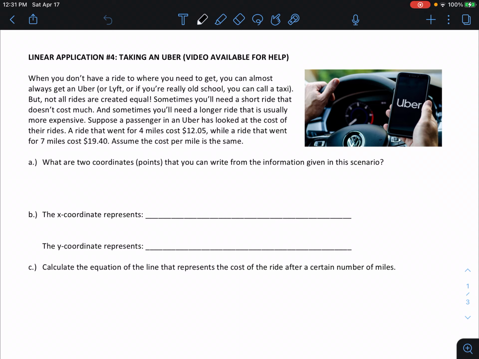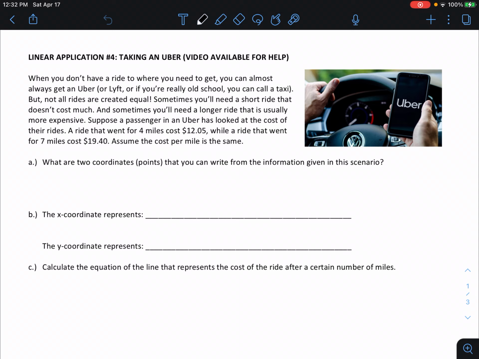Okay, so it says when you don't have a ride to where you need to get, you can almost always get an Uber or Lyft, or if you're really old school, you can call a taxi. But not all rides are created equal. Sometimes you'll need a short ride that doesn't cost much, and sometimes you'll need a longer ride that is usually more expensive.